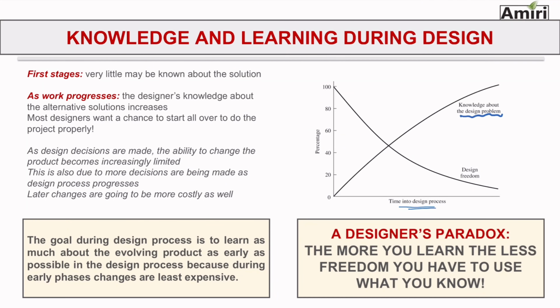The more you progress, you learn more about the customer, the need they have, the specs, the limitations. Your knowledge is increasing, but as your knowledge increases, because you've already made some decisions, you're limited by what you could do with that knowledge. And that's known as designer's paradox. The more you learn, the less freedom you have to use what you're learning.